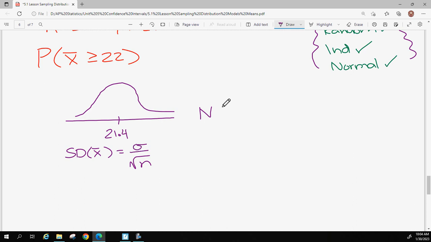So we have a normal model with mean of our population mean, standard deviation of sigma over the square root of n.